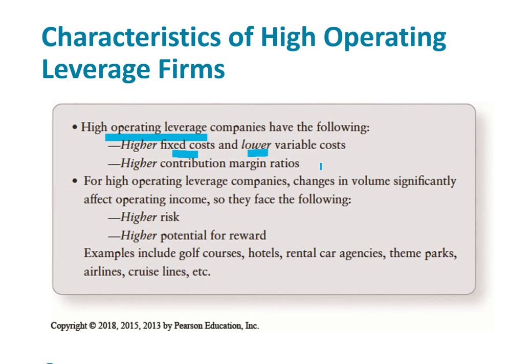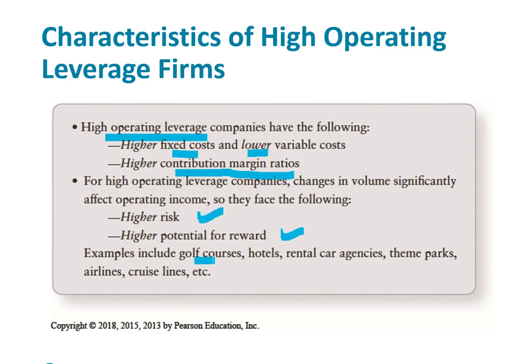Companies like an airline have very, very high operating leverage because most of their costs are in airplanes, long-term fixed cost airplanes. So you have a higher contribution margin ratio. For companies with high operating leverage, changes in volume significantly affect operating income. Sorry about that. You have high risk, high potential for reward.